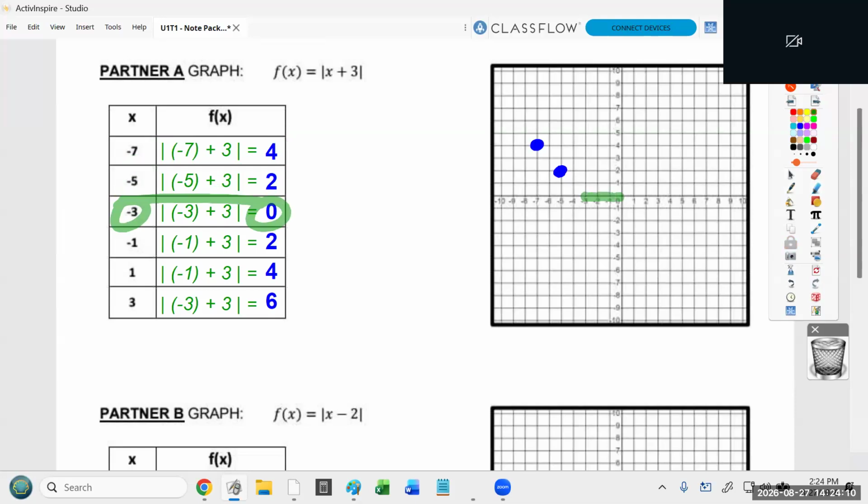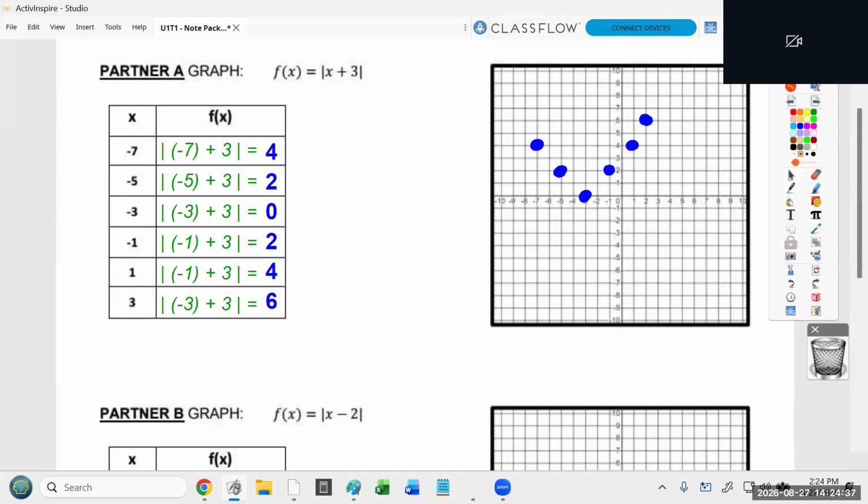The 0 means do not go up at all. Just stay where you are on the x-axis. So I'm going to plot a point right there at -3. Then I've got -1, 2. Got 1, 4. And I've got 3, 6.